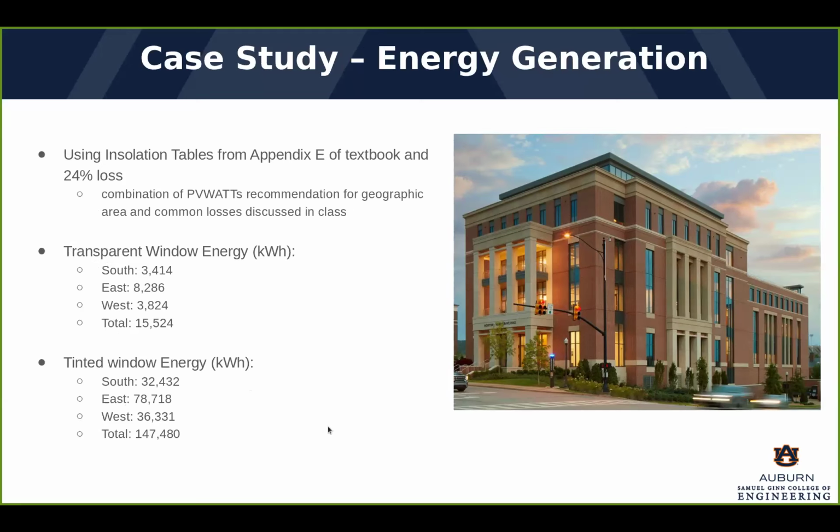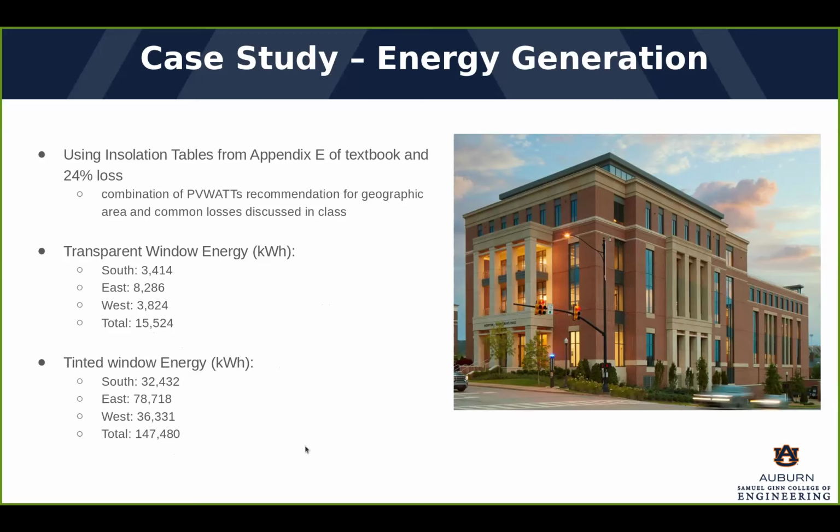So we used the installation tables from Appendix E. We had to interpolate because we had a 30-degree and a 35-degree table, so we used some interpolation to estimate what we have here at about 32.6 degrees latitude. And we found that our transparent windows could get us about 15,000 kilowatt hours a year, and our tinted windows about 150,000 kilowatt hours.